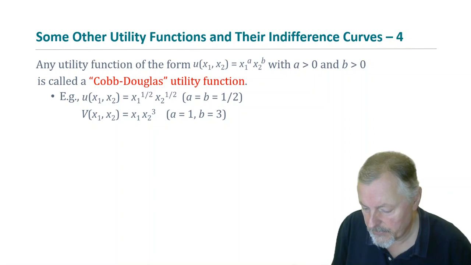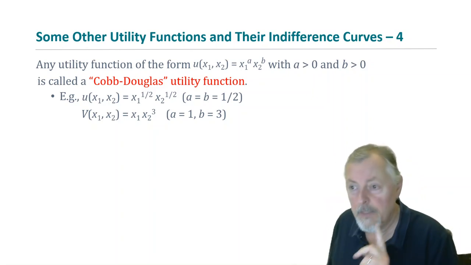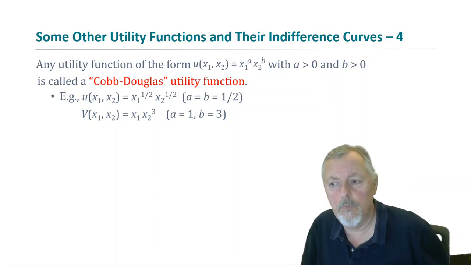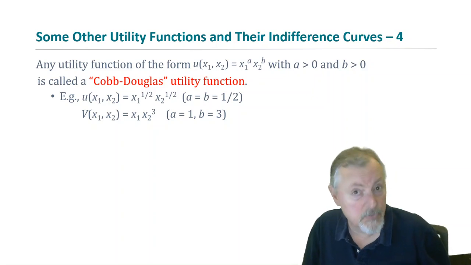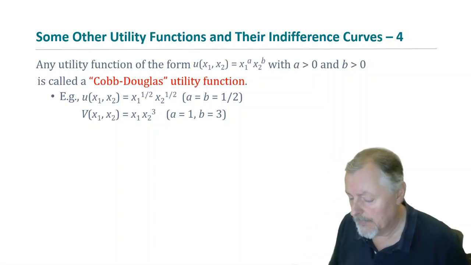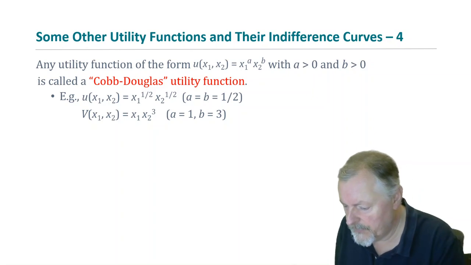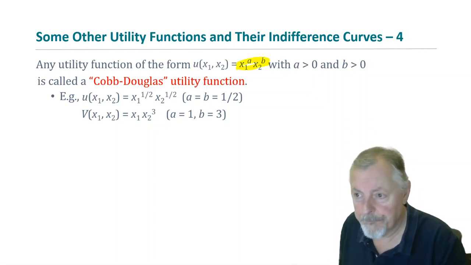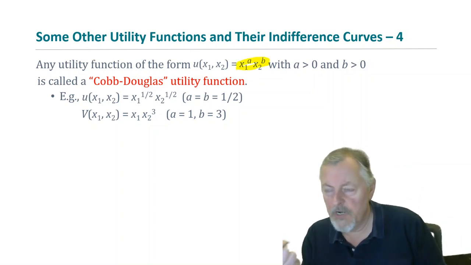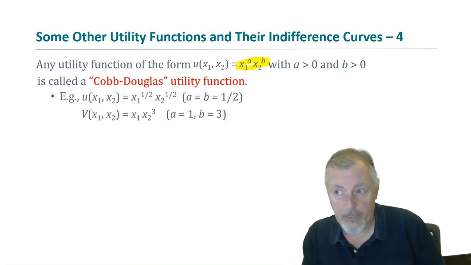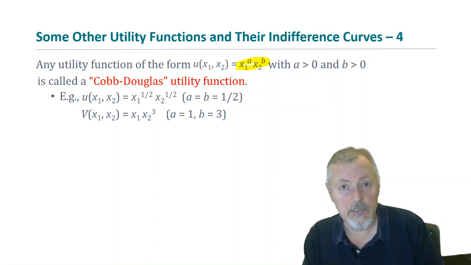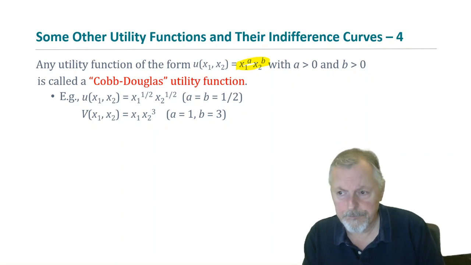Okay, Cobb-Douglas utility. This is probably the most important utility function. It takes this generic form. It is the number of units of the first thing raised to some power times the number of units of the second thing raised to some power, with both of those being strictly positive.